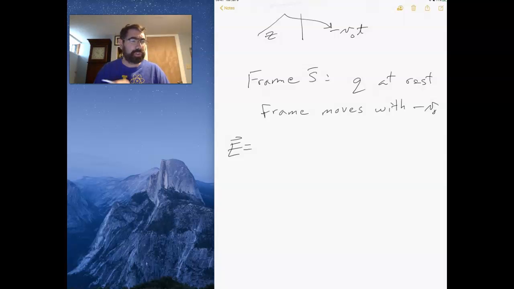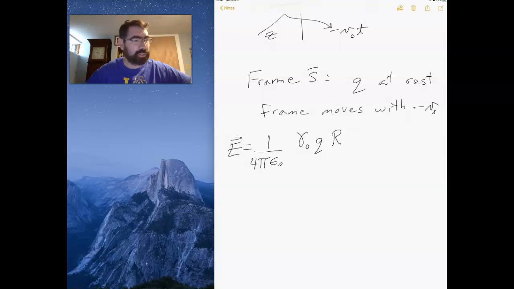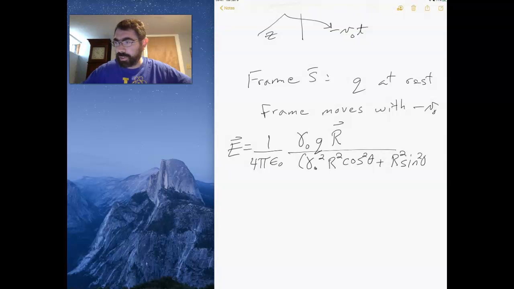Okay, so now the electric field in the S bar frame. We're converting over and writing it in terms of spherical coordinates, now that we're using r's, as 1 over 4 pi epsilon naught gamma naught q times r vector divided by gamma 0 squared r squared cosine squared theta, so that would be the x component, plus r squared sine squared theta.